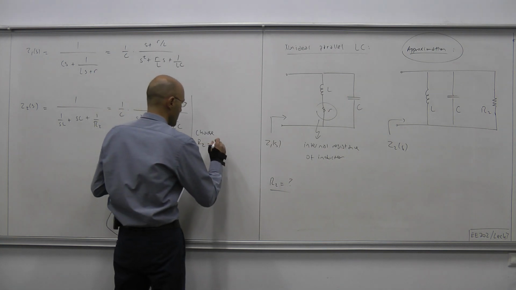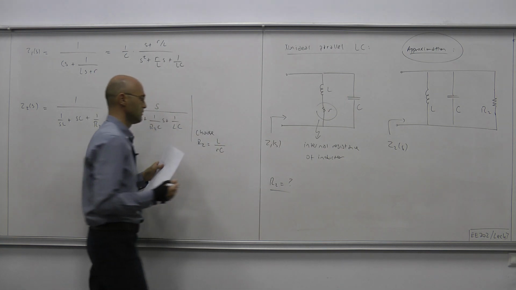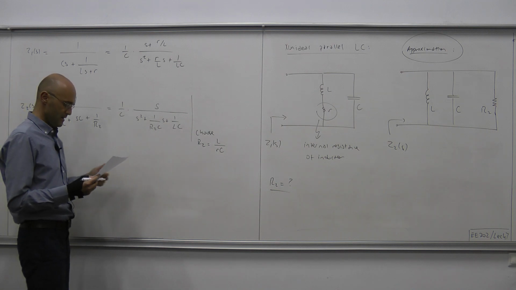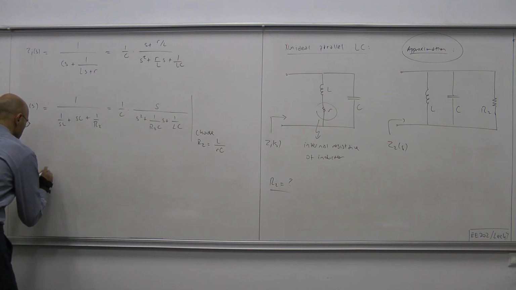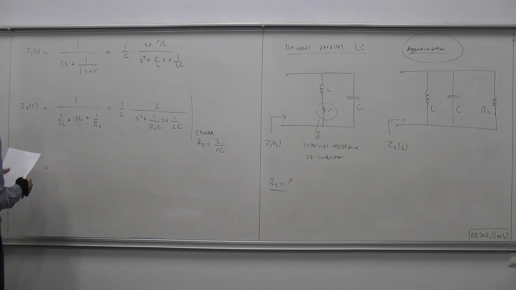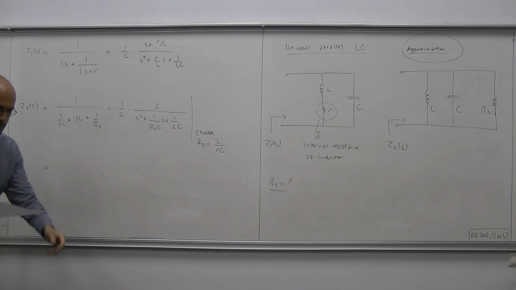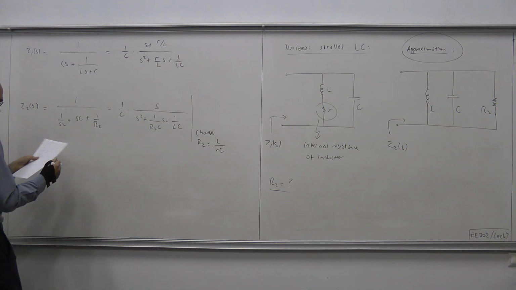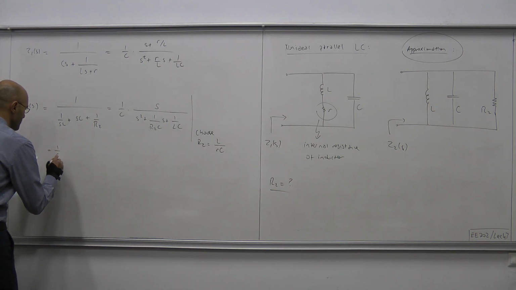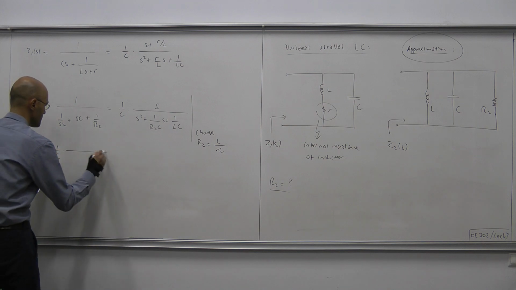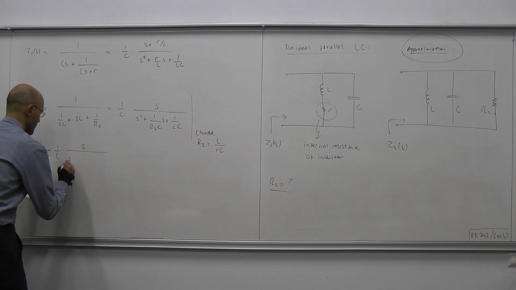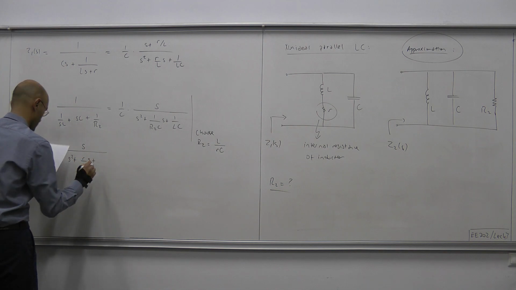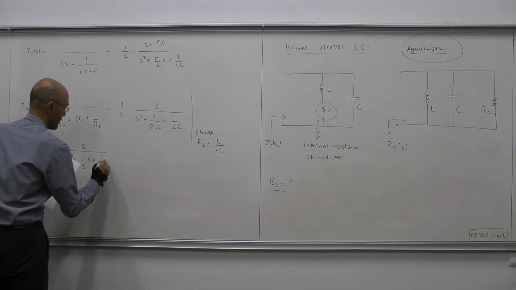So let's choose R2 equals L over r times C and plug it in here, and then Z2 of s becomes equal to 1 over C times s over (s squared plus r over L s plus 1 over LC).